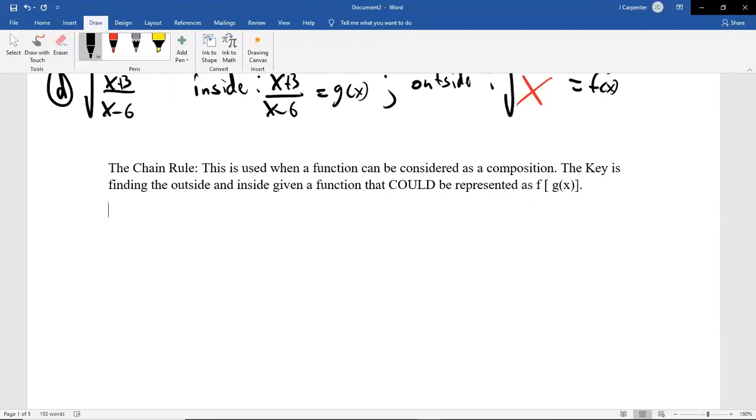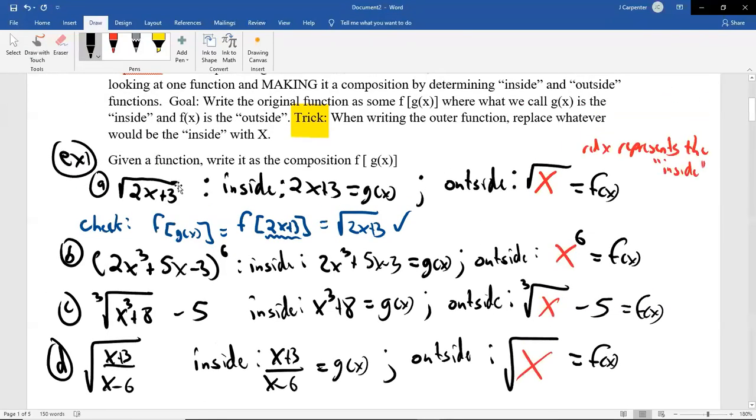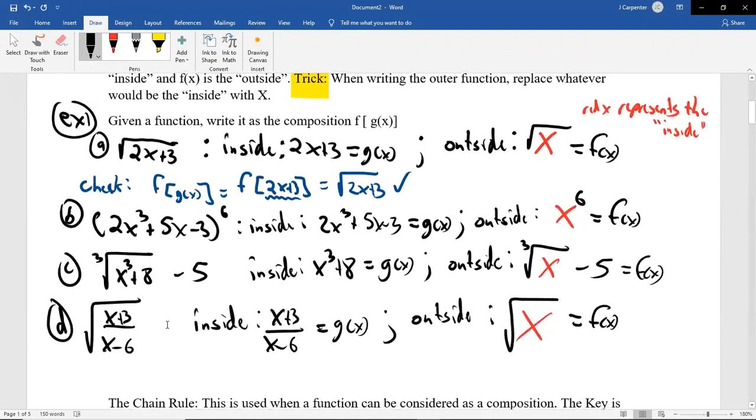So when you have a function that looks like a composition, so if I asked you to take the derivative of the square root of 2x plus 3, or if I asked you to take the derivative of any of these examples, it's not just a power rule, it's not a product rule, it's not a quotient rule necessarily. The D is a quotient rule, but it's also something else. A, you got the 2x plus 3 inside, so you think power rule, you got the square root, so you think power rule.